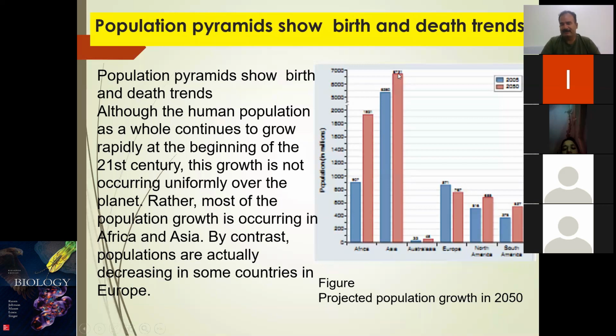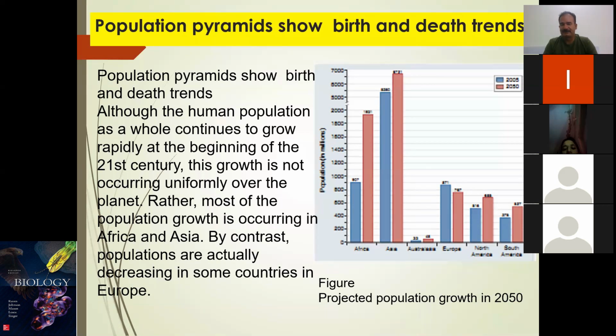There will be maximum population in Asia. Asia, as you know, includes China, India, Far East countries, Pakistan, Iran, Saudi Arabia, all these countries. Highest population will be in Asia.